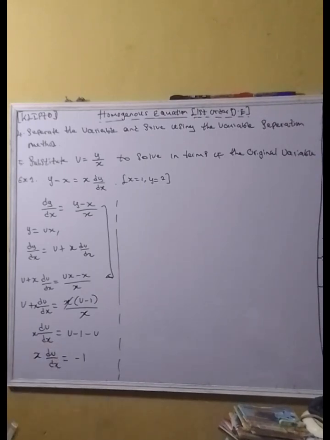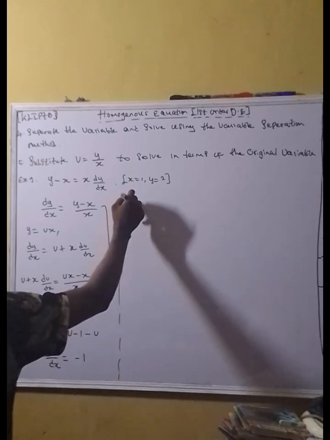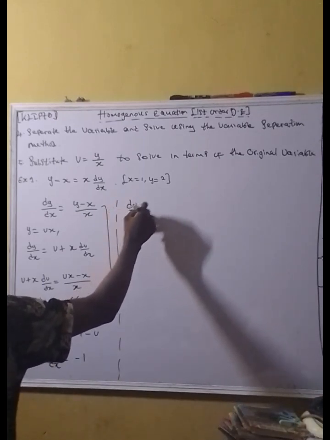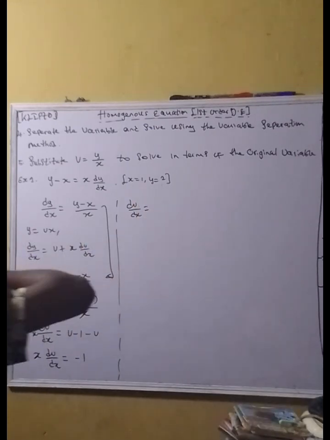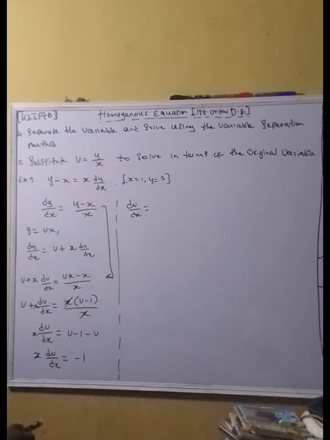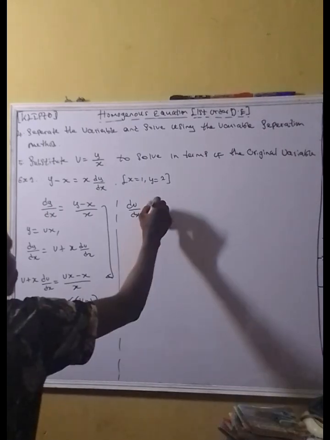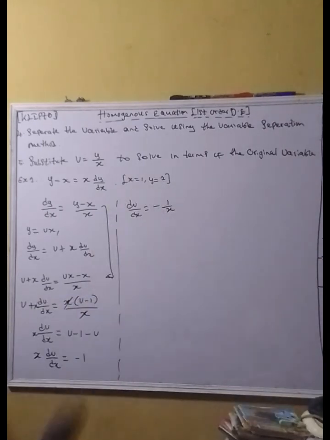And if you look at it now, it is the variable of x, meaning the function of x that we are dealing with here. So you make this come to the other side. At that point you have dv over dx being equal to negative 1 over x; you divide both sides by x.